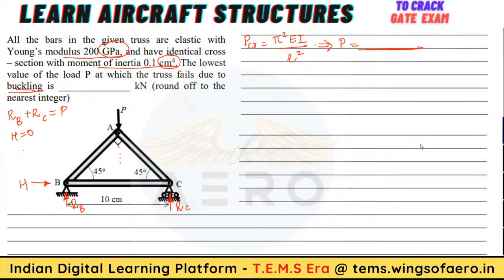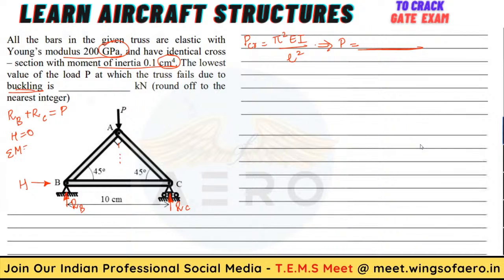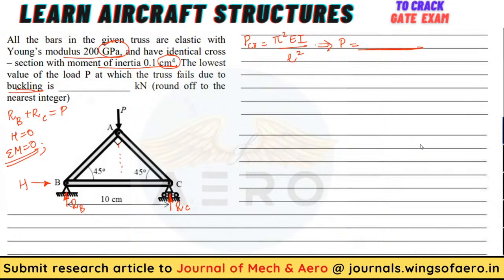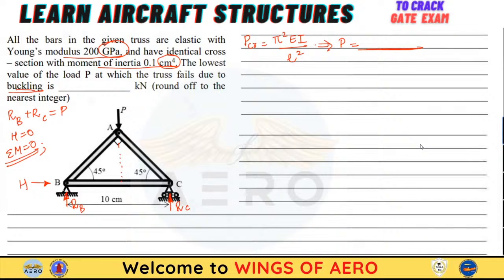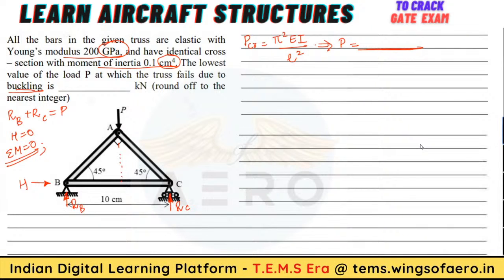Now what you have to do? The summation of moments. Summation of moments, you can find either of the reactions. Using the same method, they have given the angle over here. The AC distance has been given as 10 centimeter.